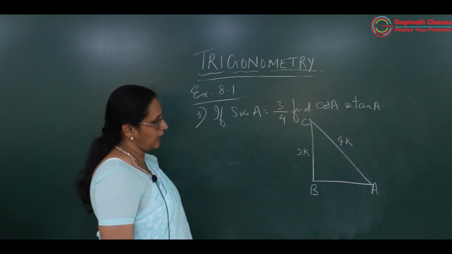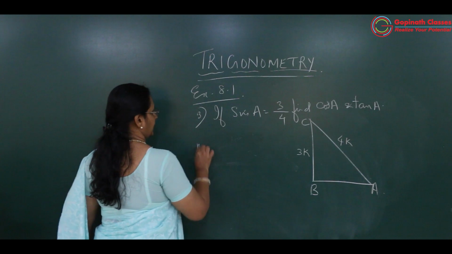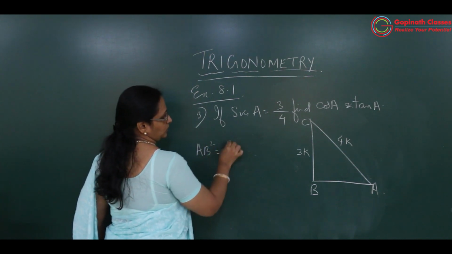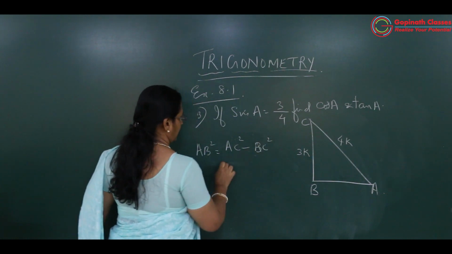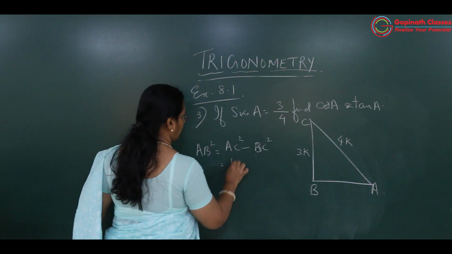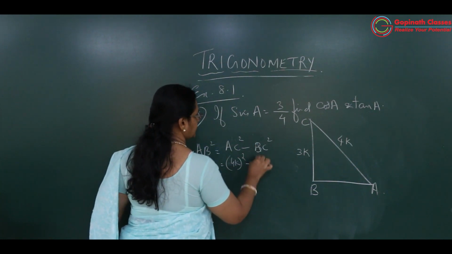Using this 3k and 4k, obviously we can calculate AB. So I will write AB square is equal to AC square minus BC square. AC square is 4k square minus BC square is 3k square.